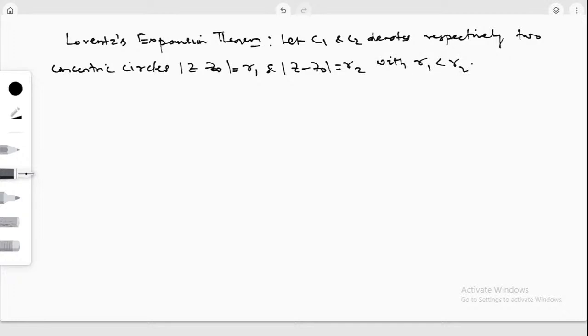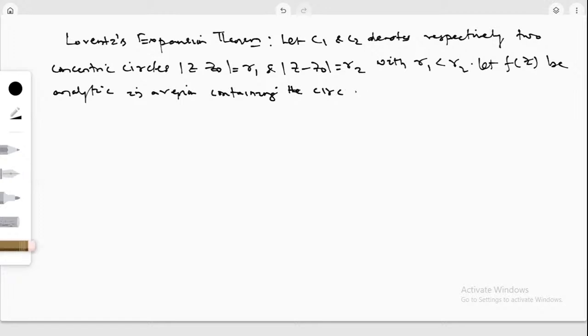Let f of z be analytic in a region containing the circular annulus, that is, R1 less than modulus of z minus z naught less than R2.